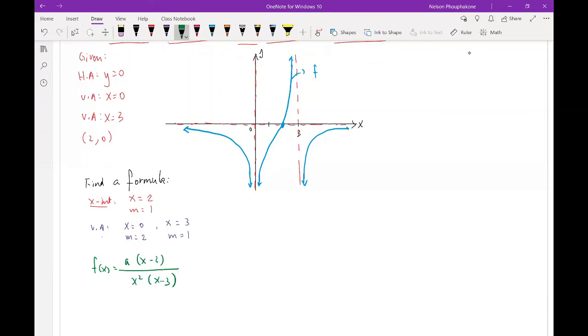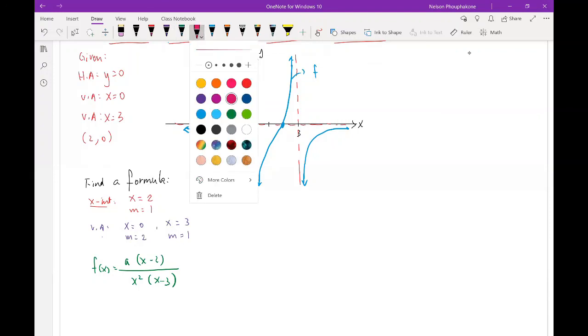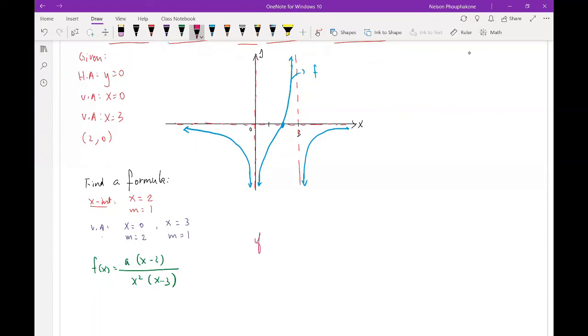Now let us look at the first situation. If a is equal to positive 1, then I will have f of x is equal to x minus 2 over x squared times x minus 3. So let us test the limit.